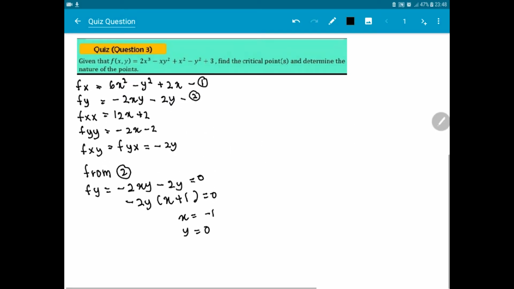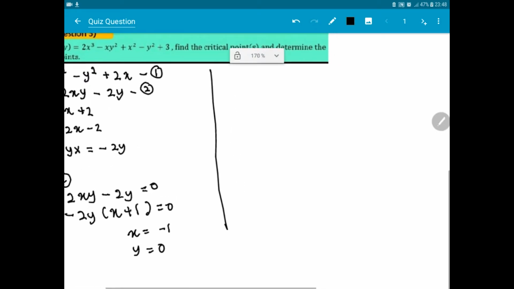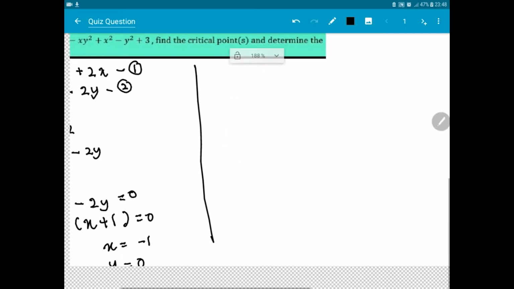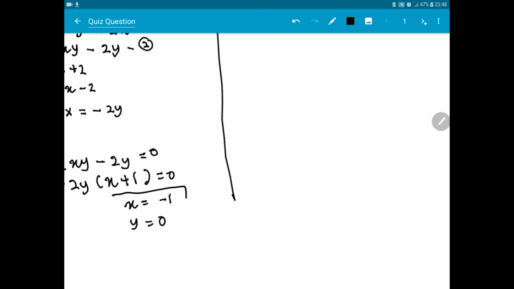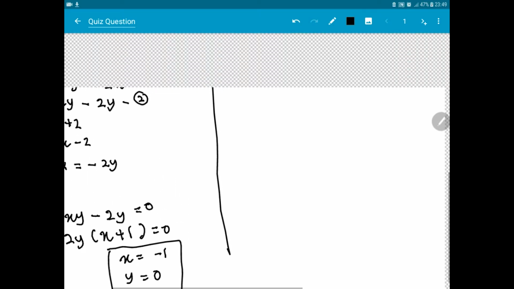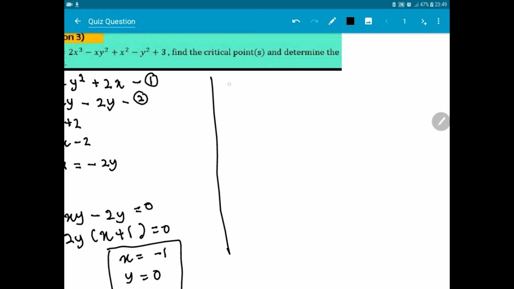After this, we need to find the coordinates of the critical points. I substitute this value into equation 1 when x equals negative 1.